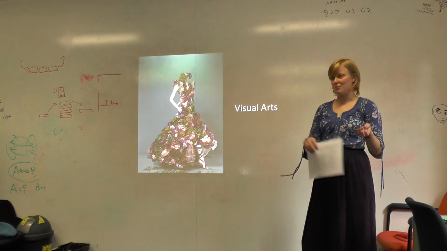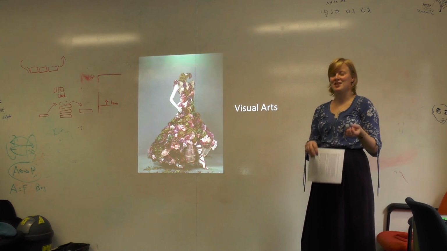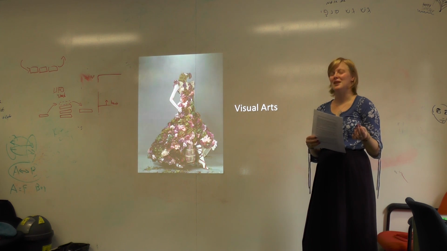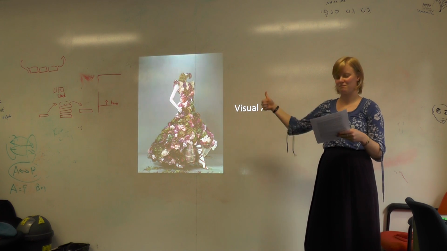The lines between art and not art got very blurry in the 20th century, so it's a very fluid definition and very hard to define. But I will basically be looking at the pretty visual things.